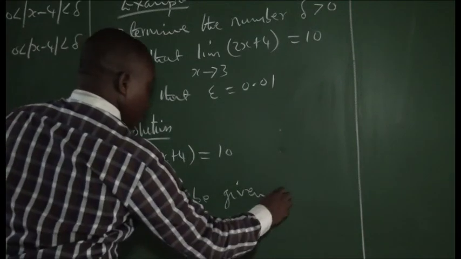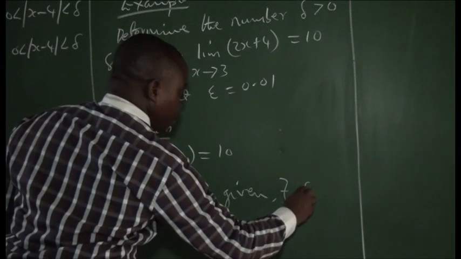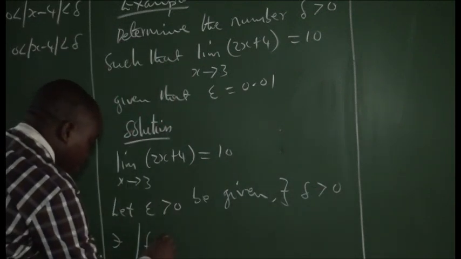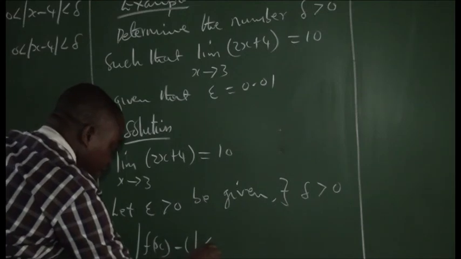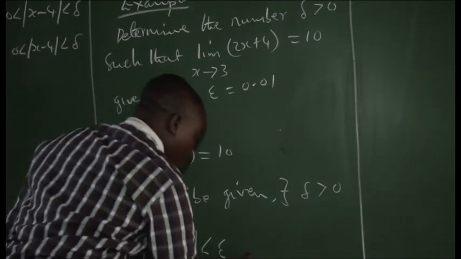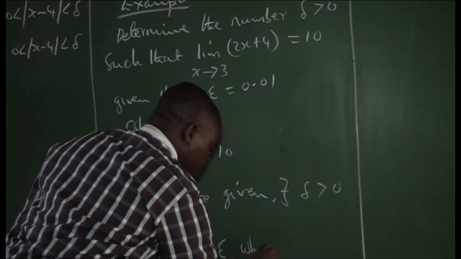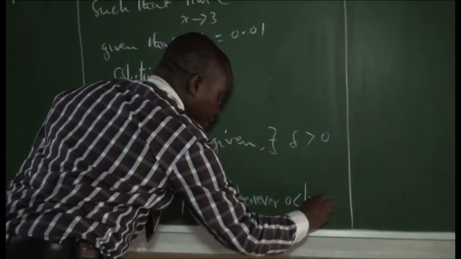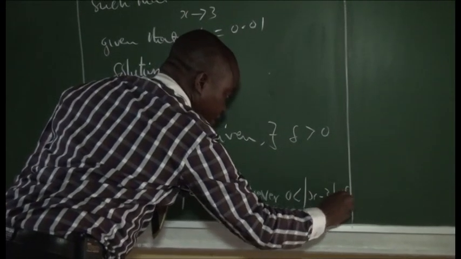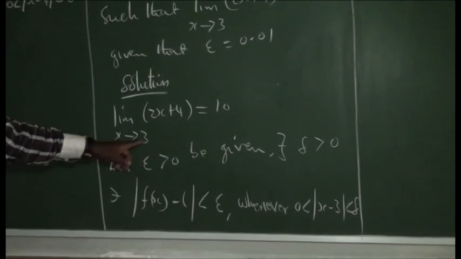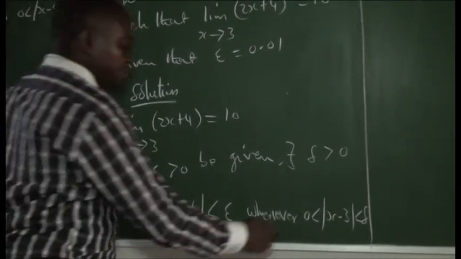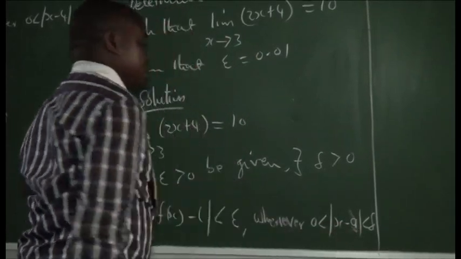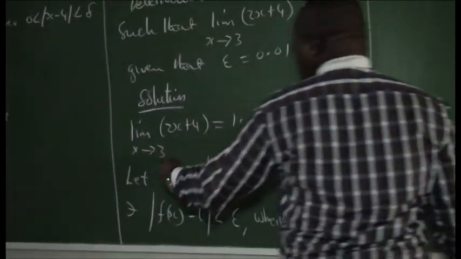Now, there exists also delta greater than 0 such that the absolute value of f of x minus L is less than epsilon whenever 0 is less than |x minus 3| and less than delta. Look at that, x minus 3. Or let me state it first, that |x minus a|, so that you now see the position of a. The position of a here is 3.